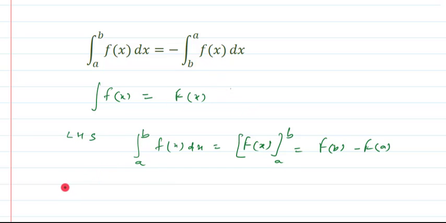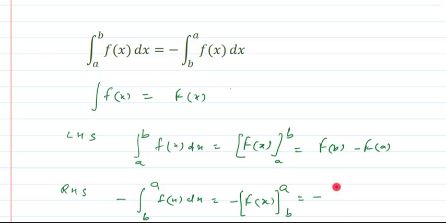Now taking the RHS, it is minus the integral from b to a of f(x) dx. As we have considered, the integration of f(x) is F(x), so it is F(x) with the negative sign outside, which we already have, using the limits b to a.